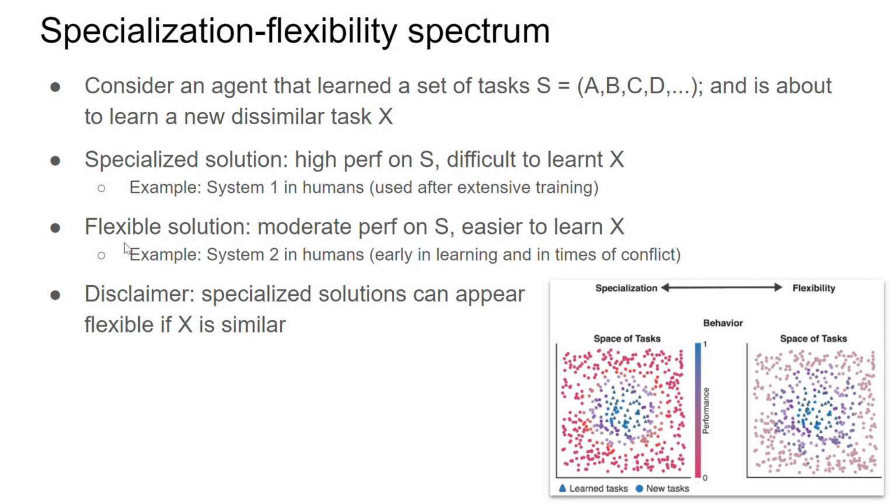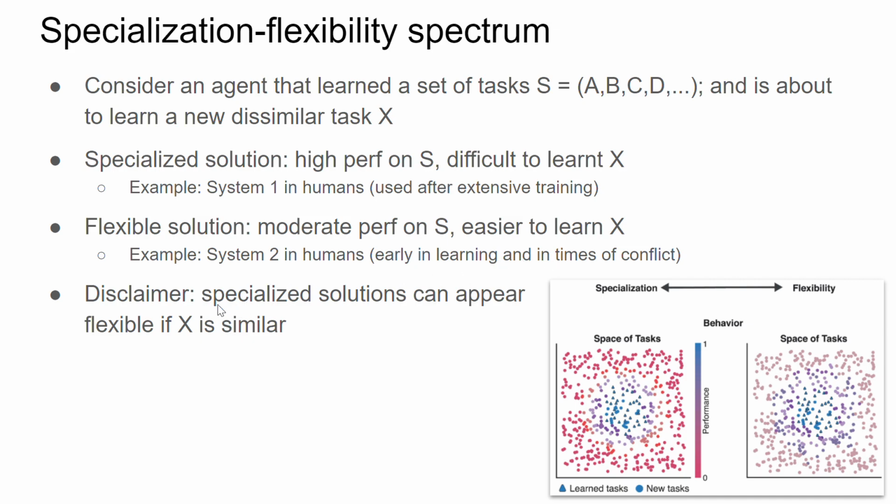And they would call it a flexible solution if you have moderate performance on S, but you find it easier to learn other dissimilar tasks. And they call system 2 an example of this, especially system 2 when it is involved early in the learning and in times of conflict in doing a task.